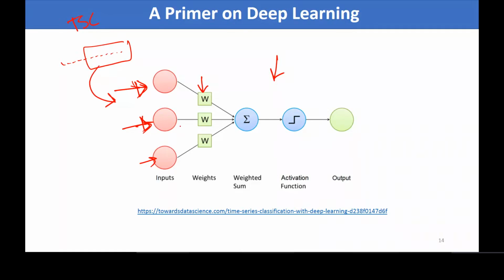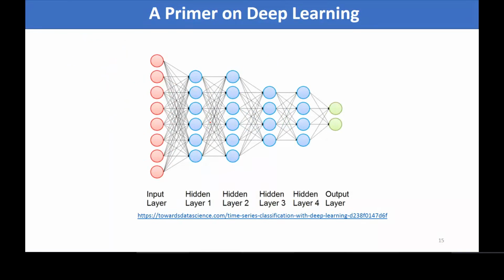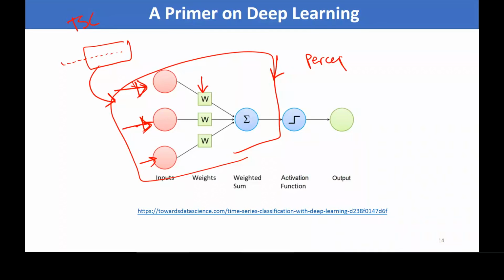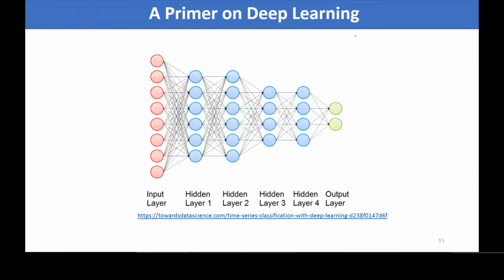And then we just pass this through the neural network, and the magic of neural network will do the job. By the way, this has a name. This is called Perceptron in the neural network literature. And if you have many layers of this perceptron, this is called multi-layer perceptrons.